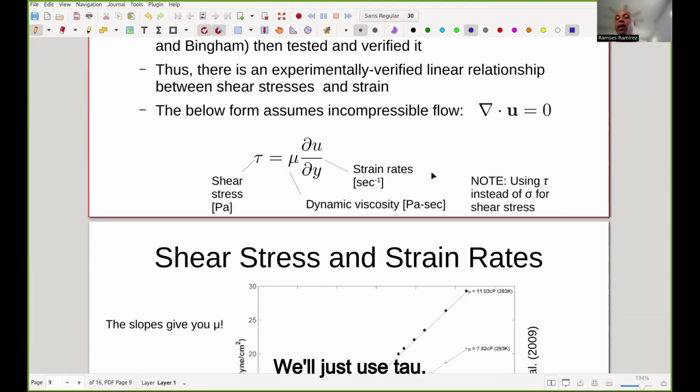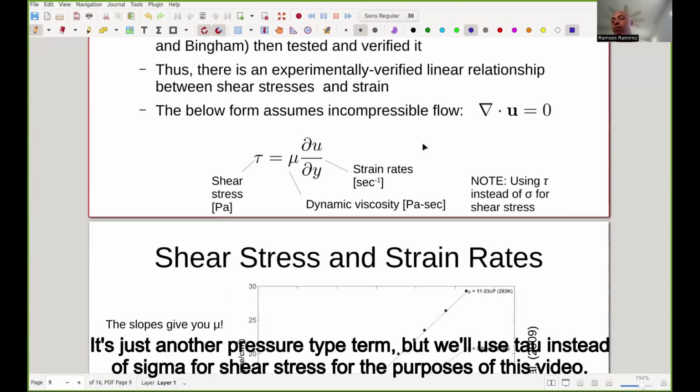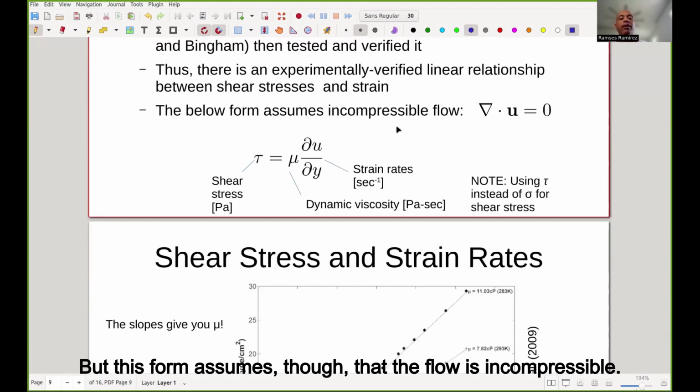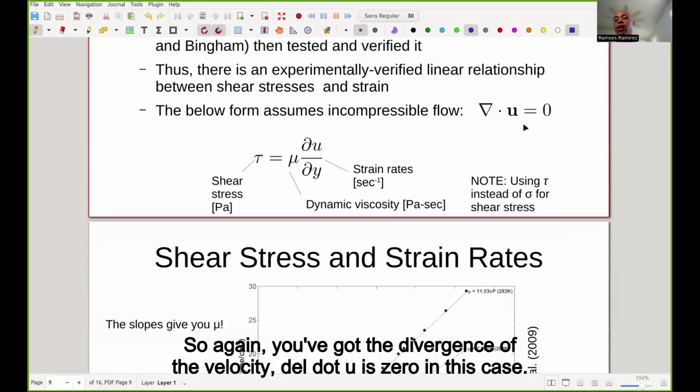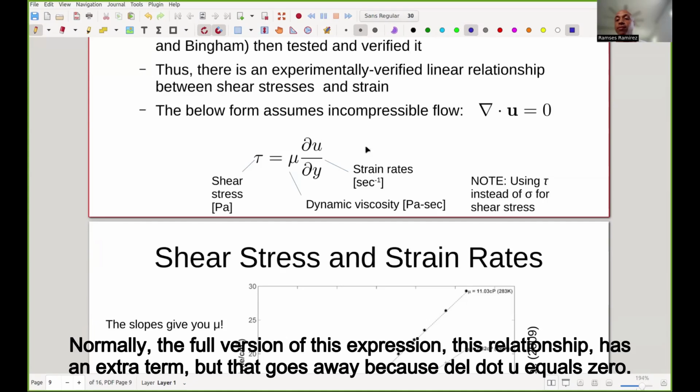It's just another pressure-type term, but we'll use tau instead of sigma for shear stress for the purposes of this video. This form assumes that the flow is incompressible, so the divergence of the velocity, del dot U, is zero. Normally, the full version of this relationship has an extra term, but that goes away because del dot U equals zero.